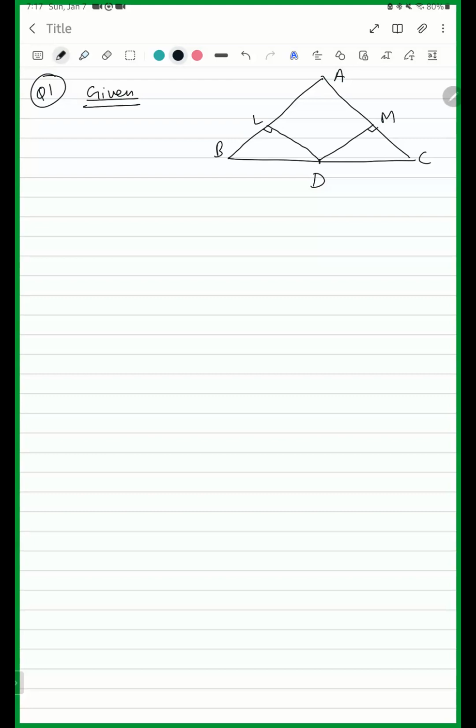Given D is the midpoint of BC, means BD is equal to DC is equal to half of BC.